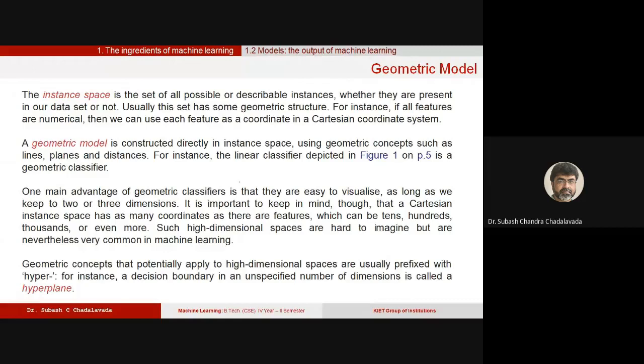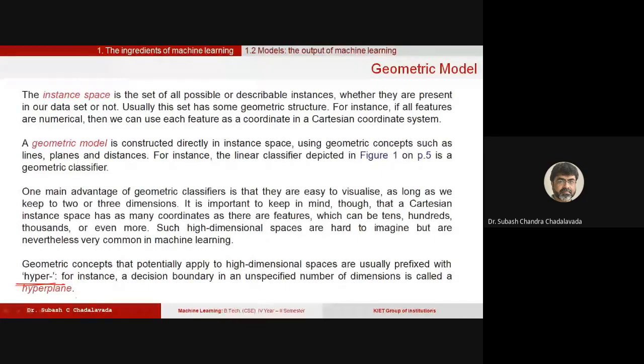So generally, if you have a high-dimensional geometric algorithm, you use a term called hyper. If you remember that from your stats or maths class, if you previously have learned it. If it's a two-dimensional or three-dimensional space, it's called a plane.